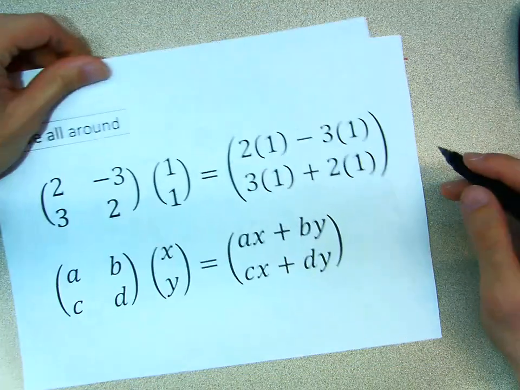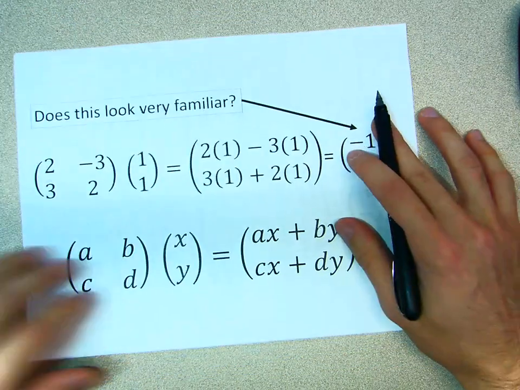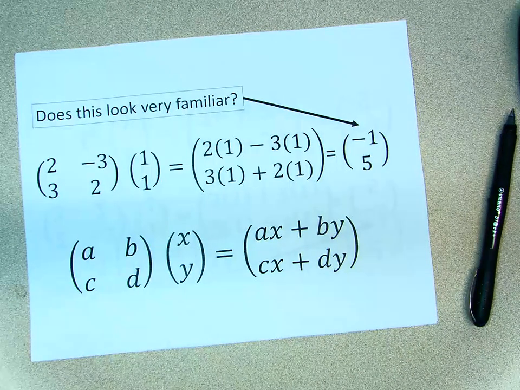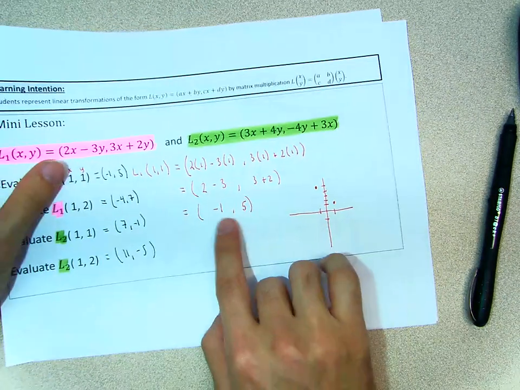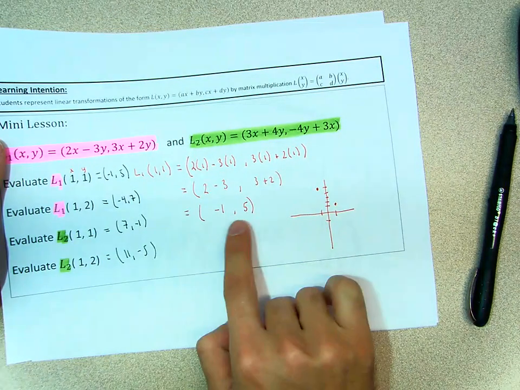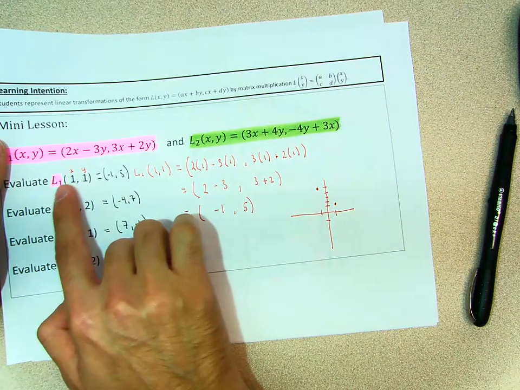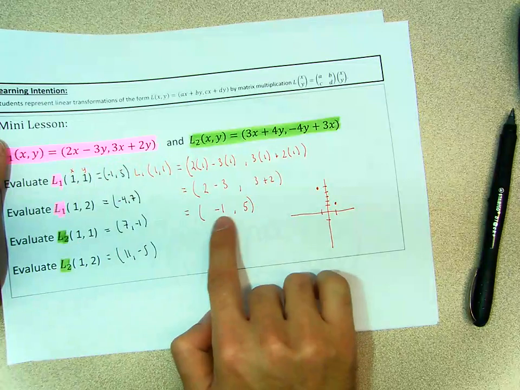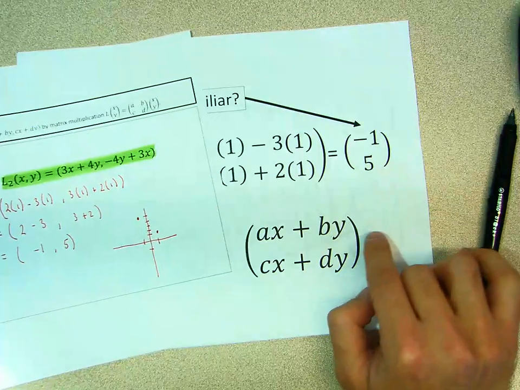But doesn't this -1, comma 5 look very familiar? It came all the way from this. Notice that when we did this linear transformation, we got -1, 5. So then how do we get the same two answers here and here?